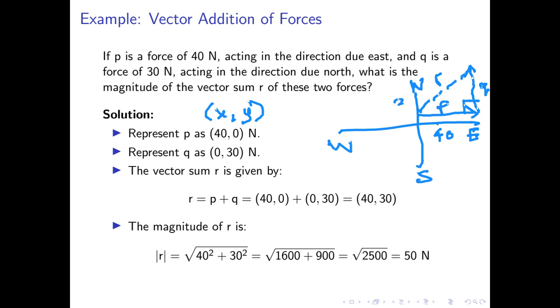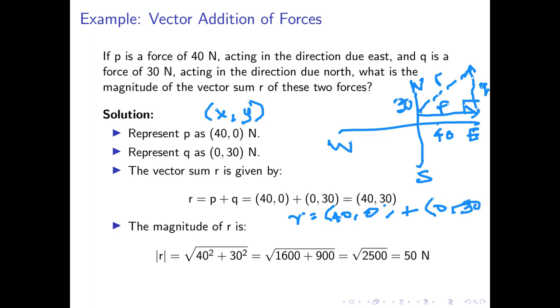Okay, so let's obtain R. R therefore is (40, 0) plus (0, 30). How do you do this sum?